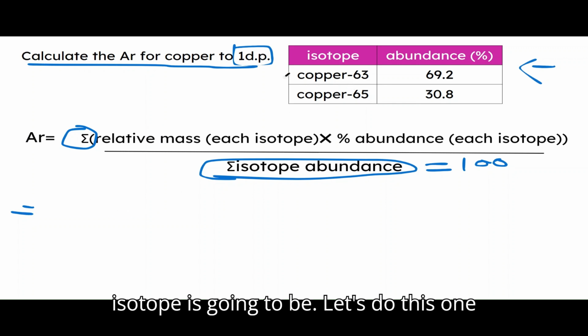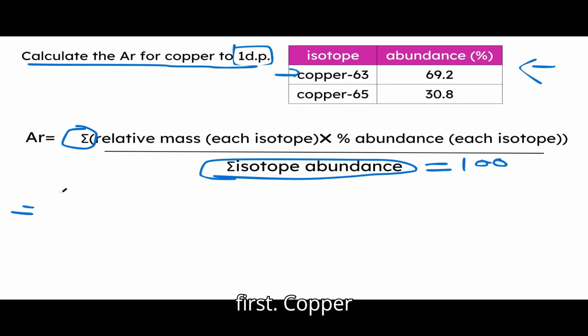Okay, relative atomic mass of each isotope. So it's going to be, let's do this one first. Copper 63 times the percentage 69.2. That percentage.